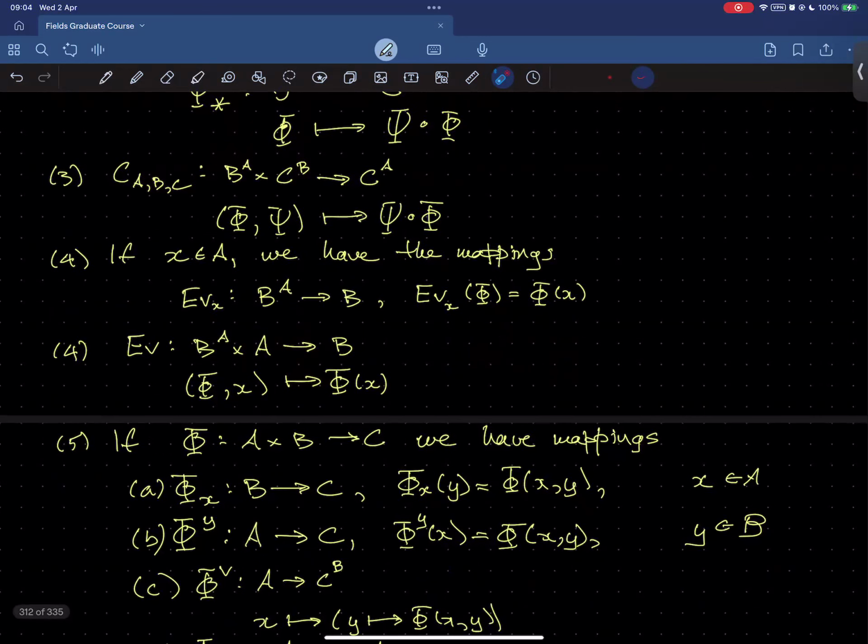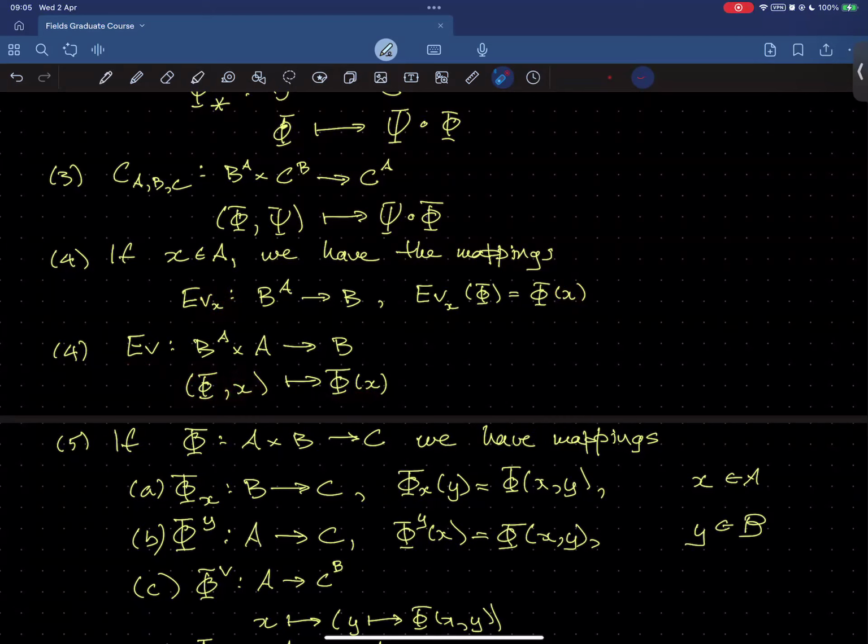And similarly to the discussion above, what are you going to consider as variables? Well, here the variable was the mapping phi, but I could also consider X to be a variable. So upon doing that, I get the mapping EV, without X being prescribed, but it's the same mapping. So now it takes a mapping phi and a point X and gives you the corresponding point in B. All right, evaluation mapping.